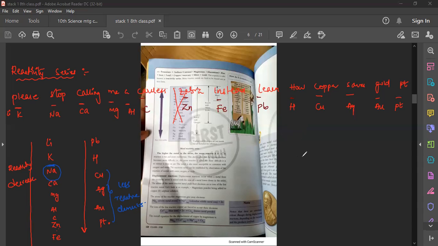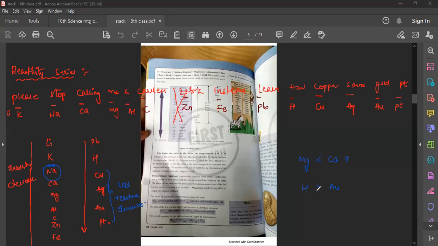Yes, sir. Now tell me whether magnesium is more reactive or calcium is more reactive. Calcium is more reactive. Then can magnesium replace calcium? No, sir. Calcium can replace magnesium. Very good. Now, is hydrogen more reactive or gold more reactive?